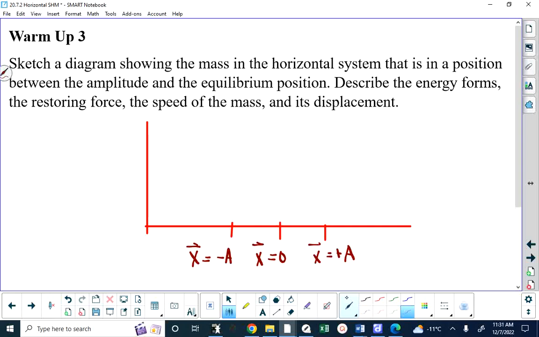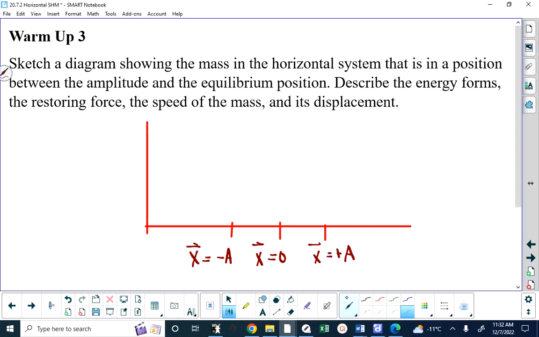So we've talked about the fact that at A and negative A, there's no kinetic energy and it's all spring potential energy. We've talked about the fact that at 0, there's no spring potential energy and it's all kinetic.